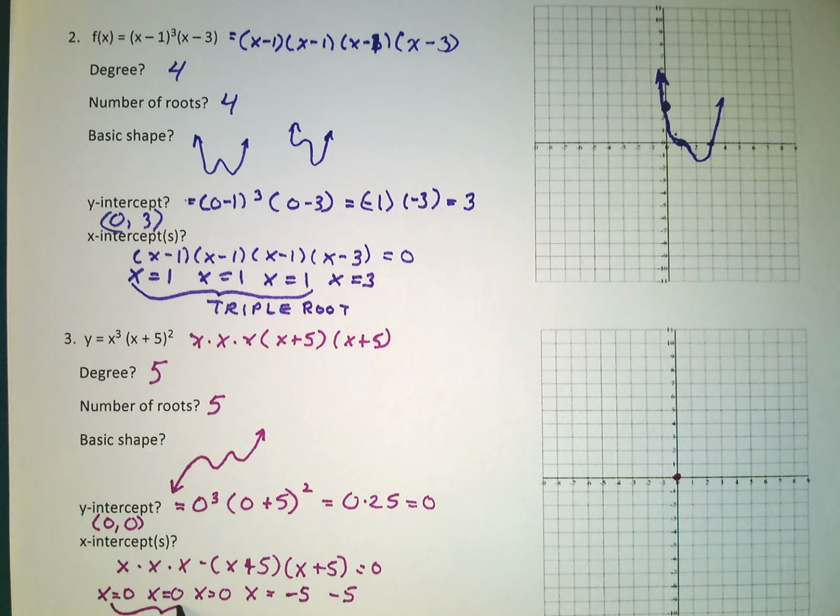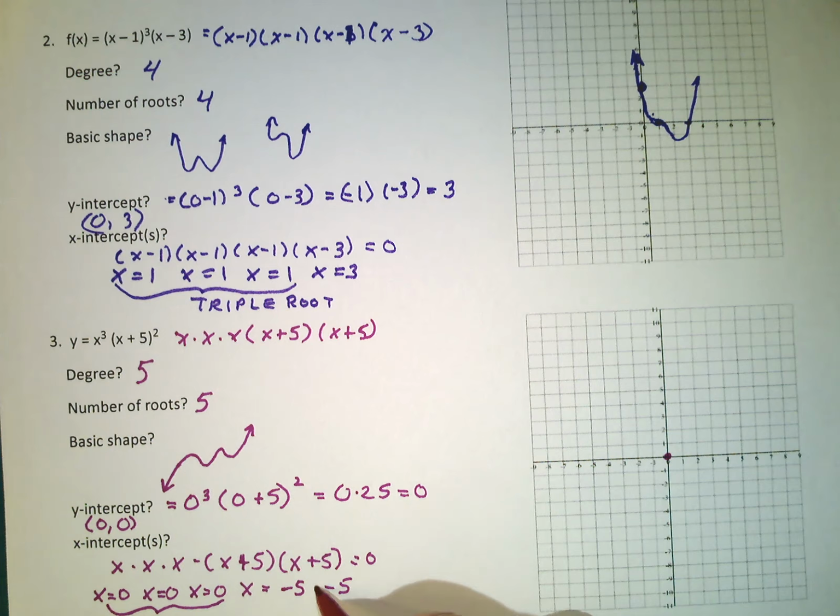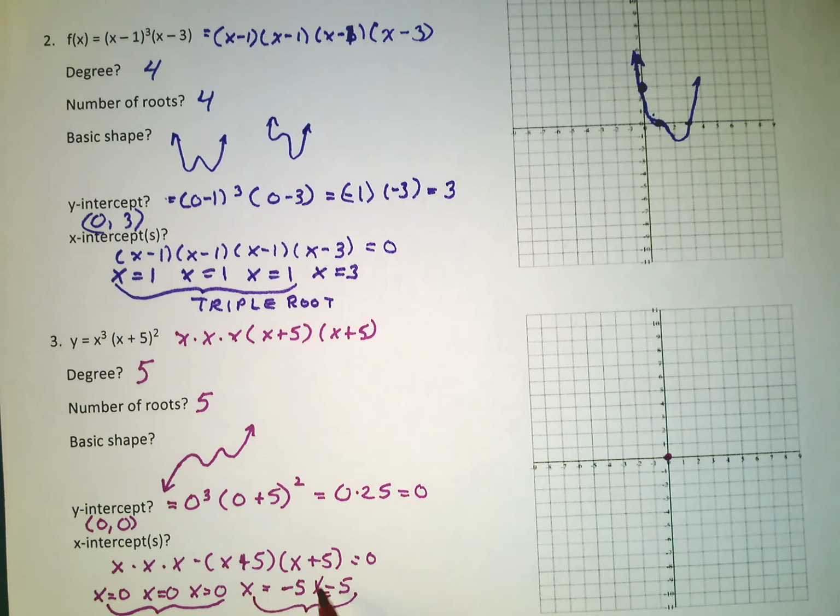So we've got a triple root here. And we have a double root over here.